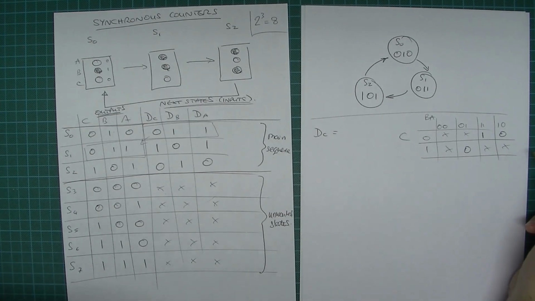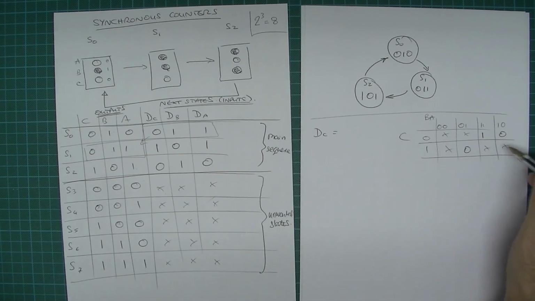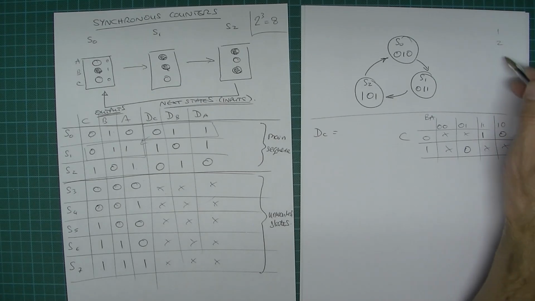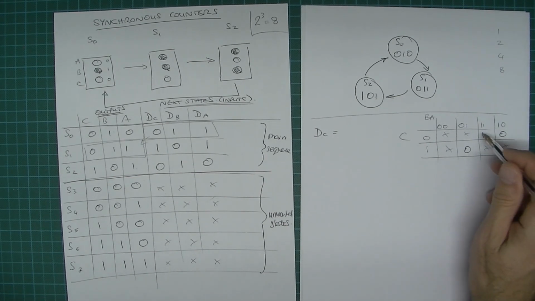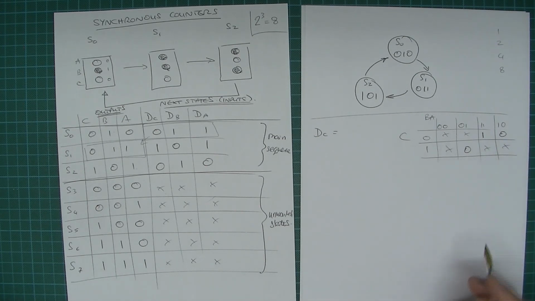Now, normally when you have a Karnaugh map, you've just got it filled with zeros and ones, and then you try and find the largest groups. You can find a group of, say, 1 or a 2 or a 4, or even an 8 actually. But with not just having ones and zeros, with X's, we can choose whether we want this X to be a 0 or a 1.